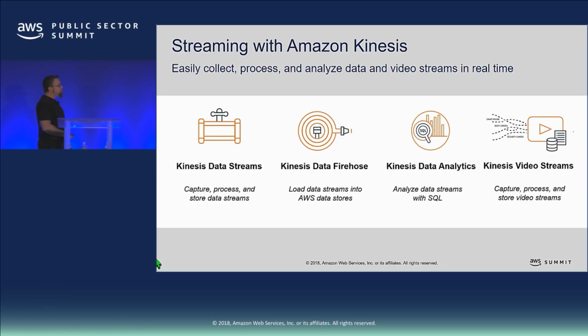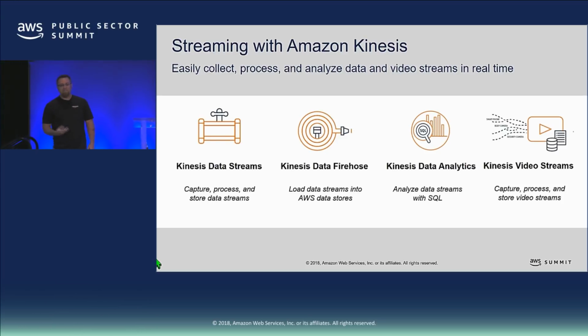So looking at the Kinesis suite of services, we actually have four main categories of services today. I'm going to talk about the first 3 here. We have Kinesis Data Streams, which allows you to have data consumers and data producers, with producers sending data to these streams for consumers to pick up and process.